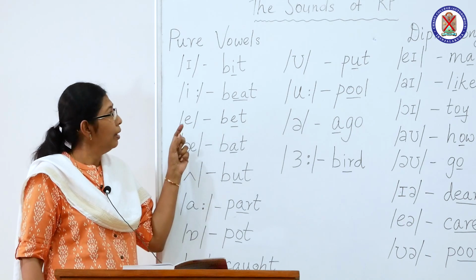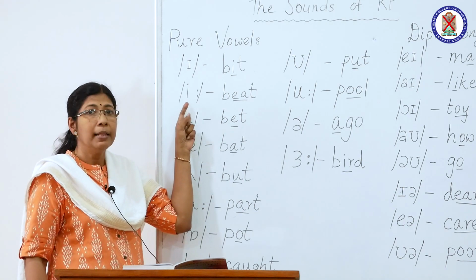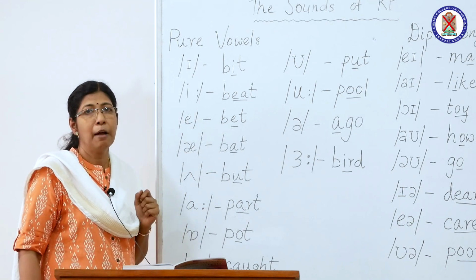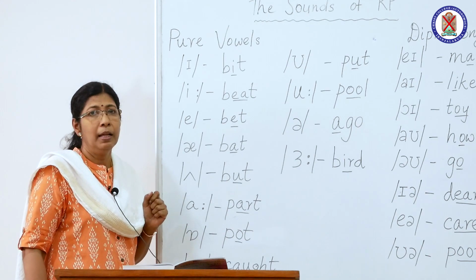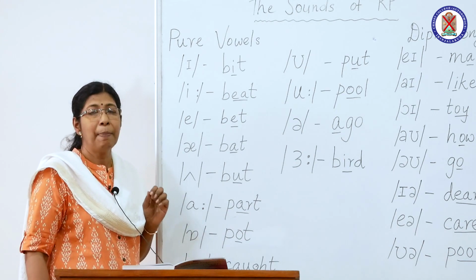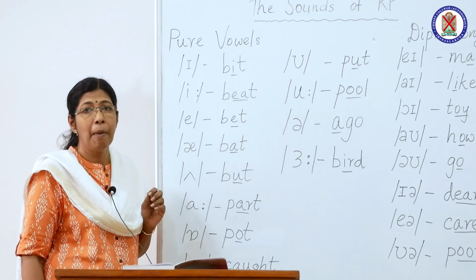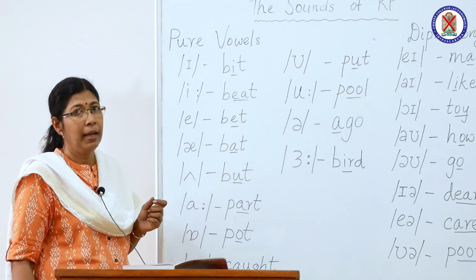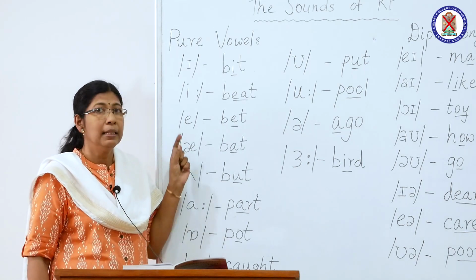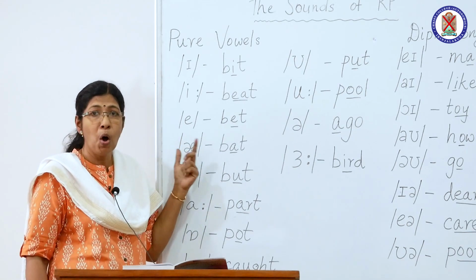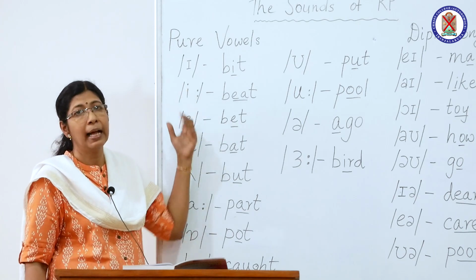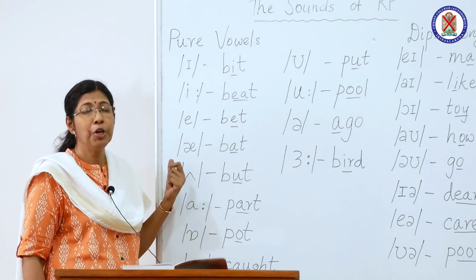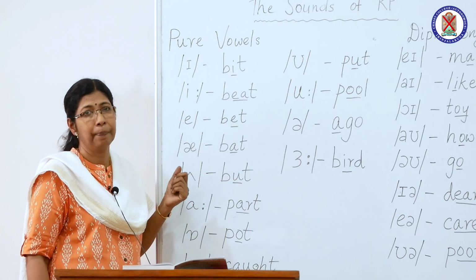You can see there are two dots after the letter. These two dots represent the length mark or the length diacritic. It shows that this vowel is long or longer than the other vowels, which do not have this length mark.